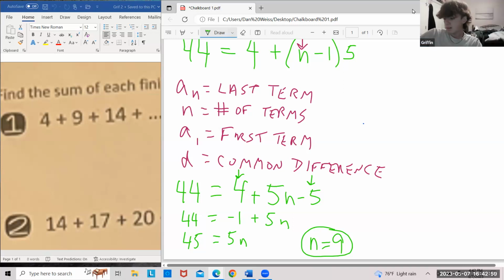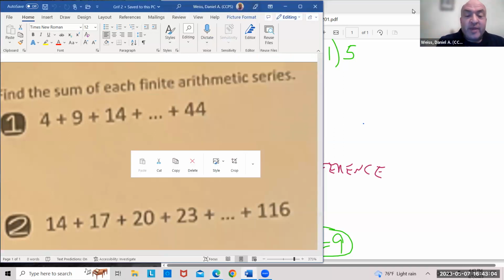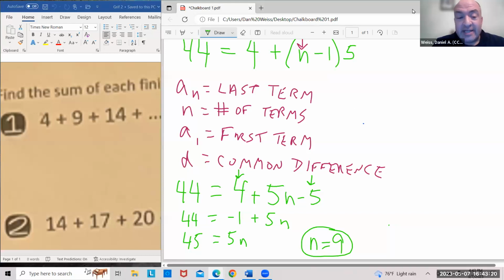But look at number 2. You can't do that for number 2. I mean, you could, you sure could, but that seems to be a pain. And so at this point you think to yourself, okay, is there a faster way to know how many terms there are? And you want to use this way instead of counting them. You're with me there? Okay.